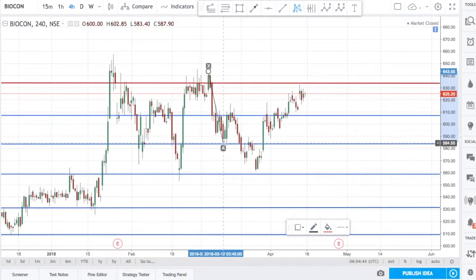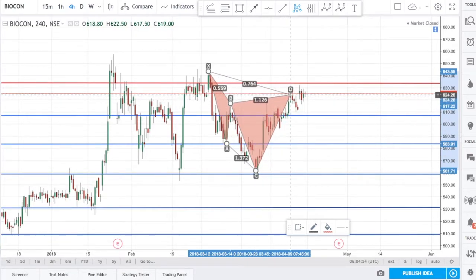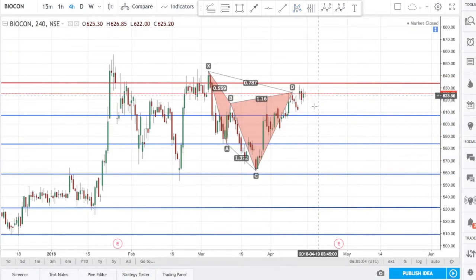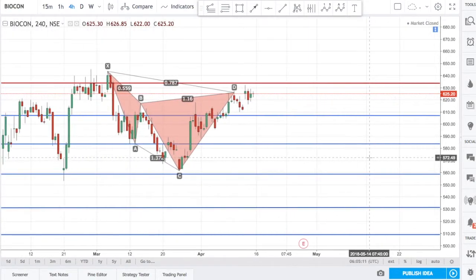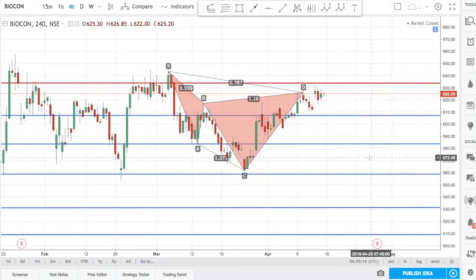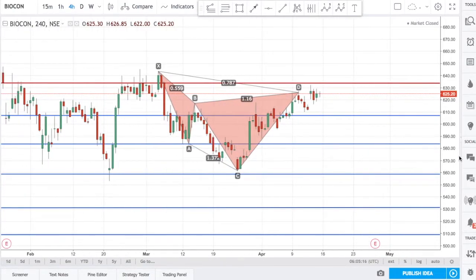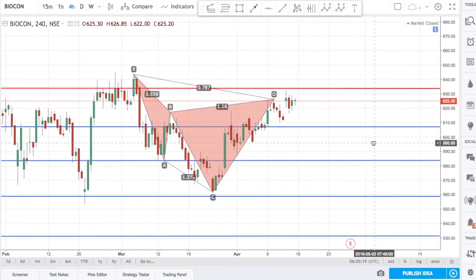This is our X to A leg, our A to B leg, B to C leg, and the 786 termination at approximately this point. So let me expand this chart a little bit. So this is our cypher pattern.